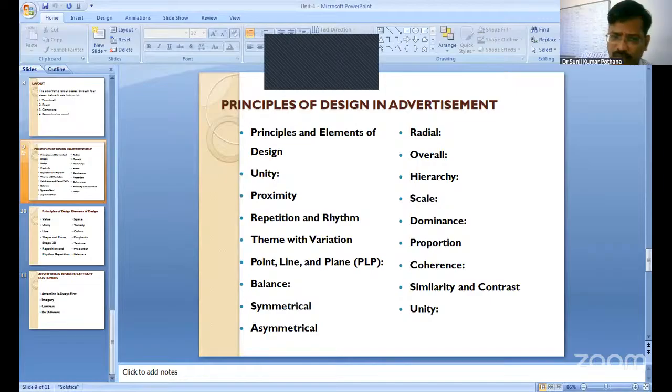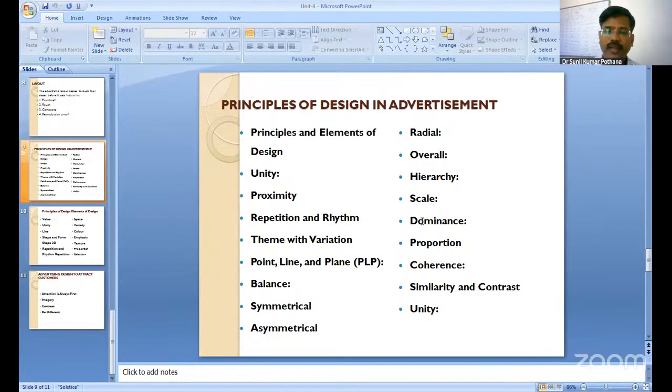There are some principles of design in advertisement. Even though we are now using many AI tools, we have principles, and based on our prompting only, the AI gives a good advertisement. So while preparing an advertisement, we have to recall and look at the principles and elements of design.